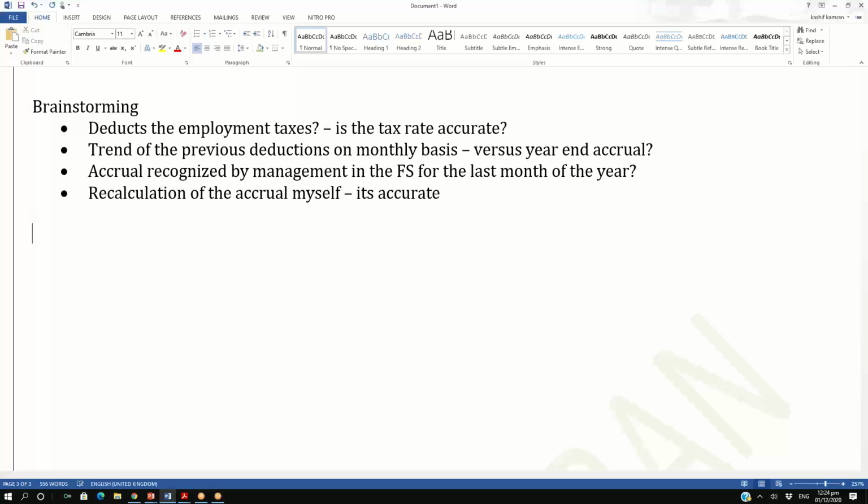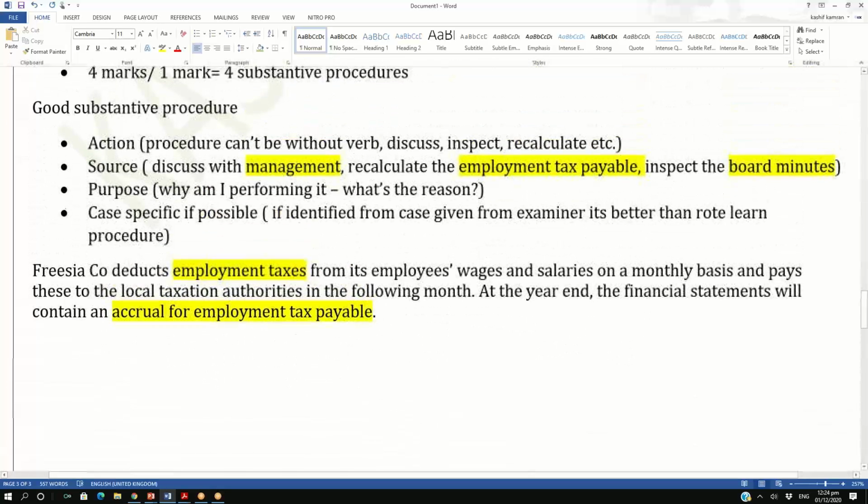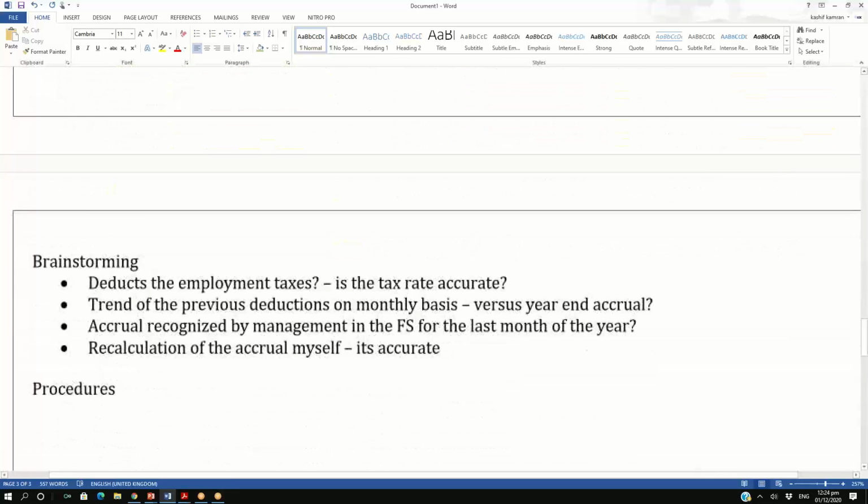So I start with my first procedure in the exam paper by something like that. I should have an action, I should have a source, I should have a purpose, right?